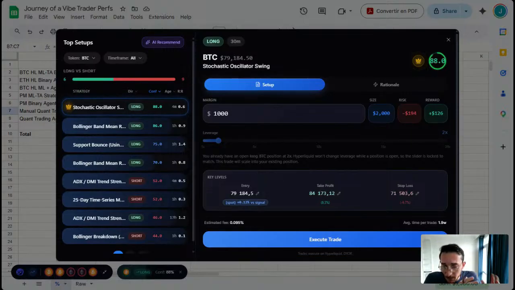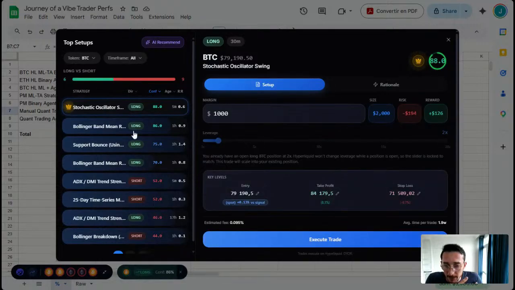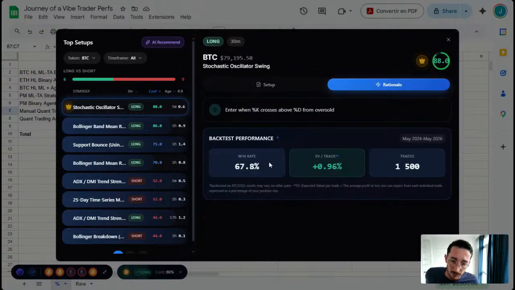Overall, it's not a big problem because I'm always entering trade setups that are good and interesting. This one, for instance, is live right now. It just populated like 5 minutes ago. It has a confidence score of 88, and I'm checking the rationale. I see it has a 67% win rate, 0.96% EV per trade, net of all the fees.